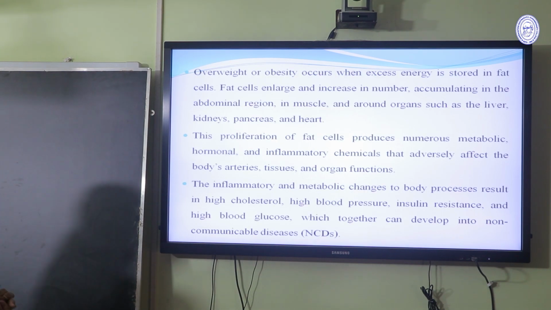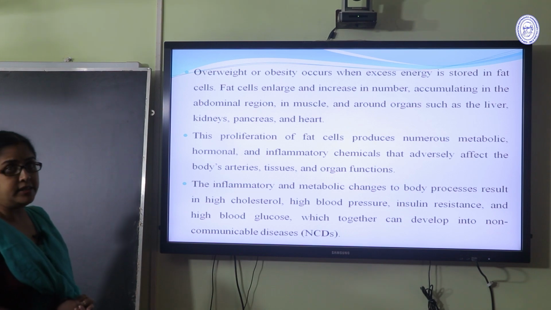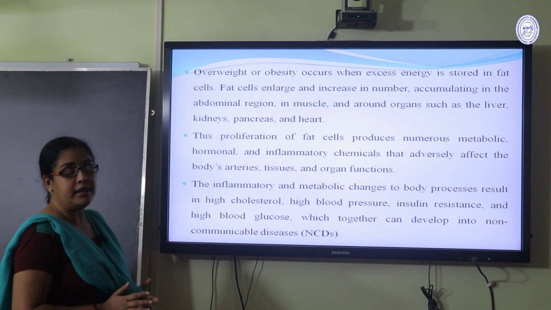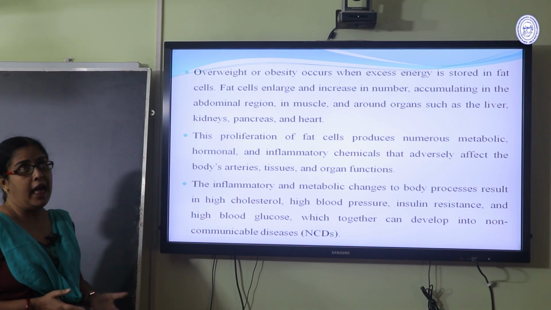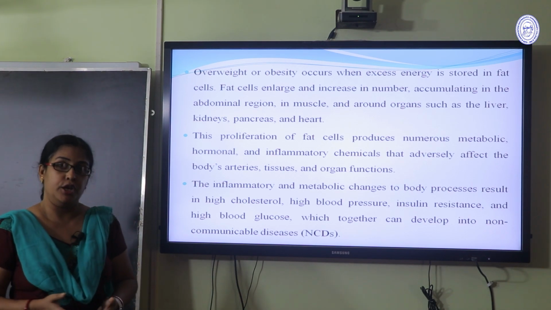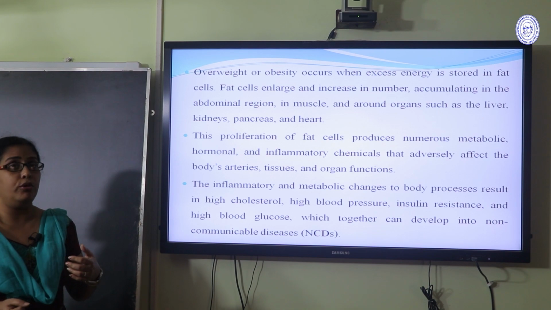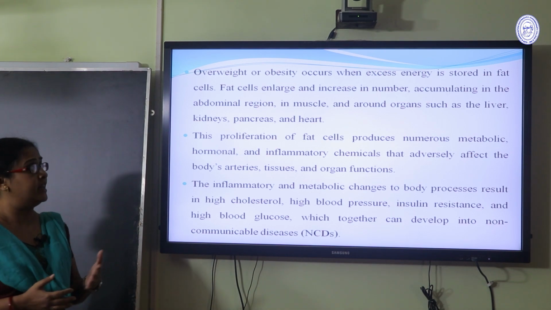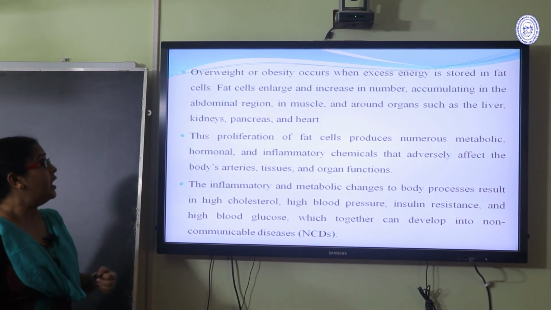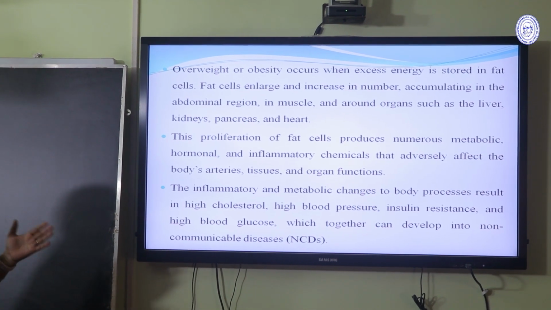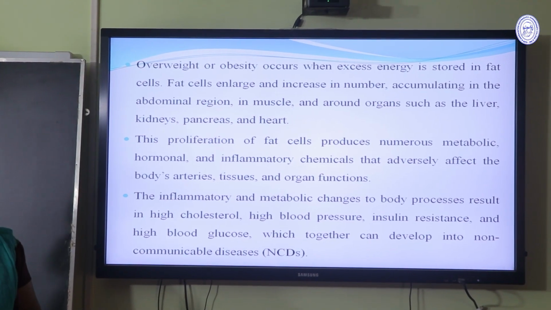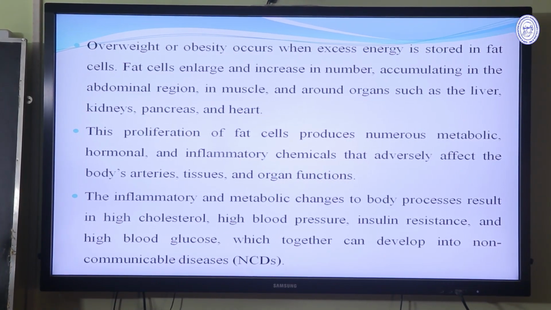The difference in energy balance causes a different spectrum of malnutrition that may include undernutrition as well as overnutrition. Today we are discussing overweight and obesity as a part of overnutrition. It has been observed that overweight occurs when excess energy is stored in the fat cells.